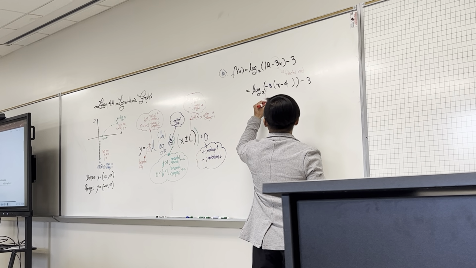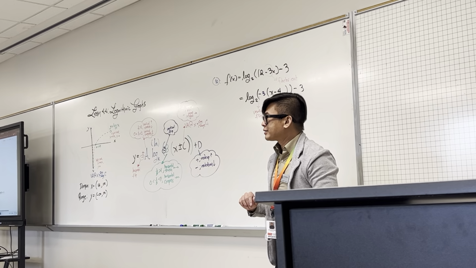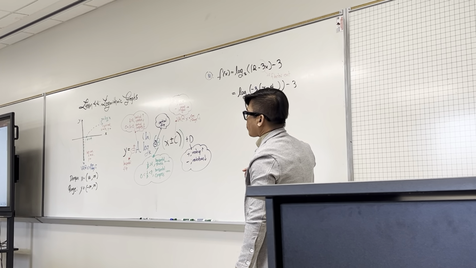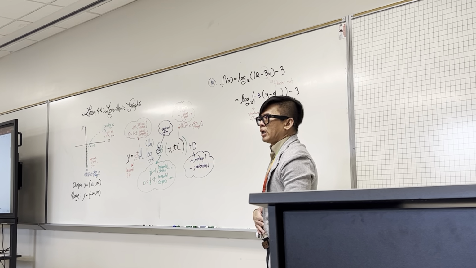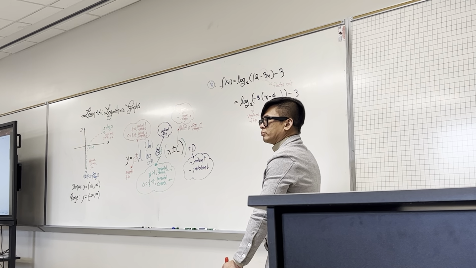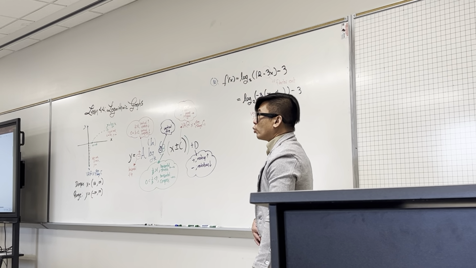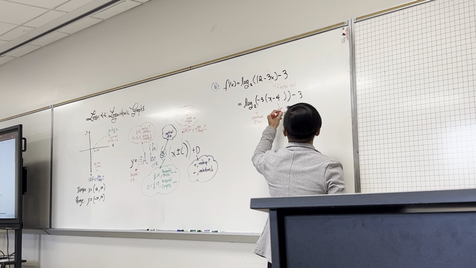Correct. What else? This minus 4, what does it mean? How did it move? Left, right, or up, down? Right, 4 units. Very good. So it moved right 4 units.